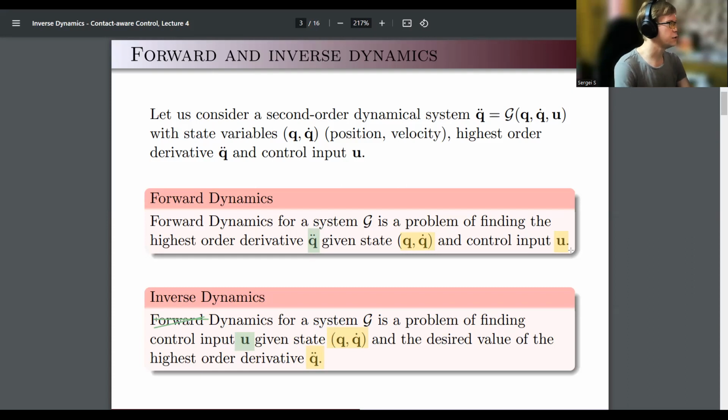So this doesn't look too difficult, right? In a sense, in one case you find one variable, in another case another variable. Those problems become even more similar when you remember that both second order derivatives and control inputs usually, not always, but usually appear in the equations in a linear fashion.